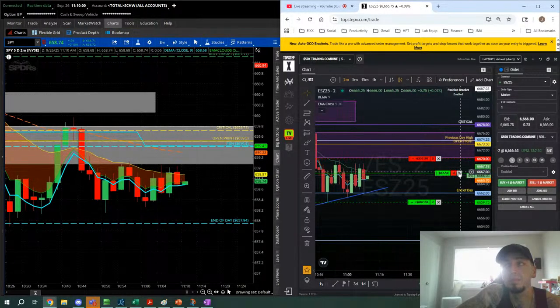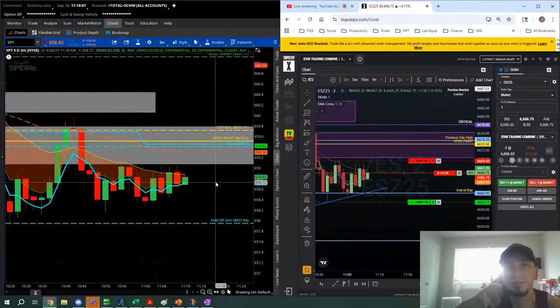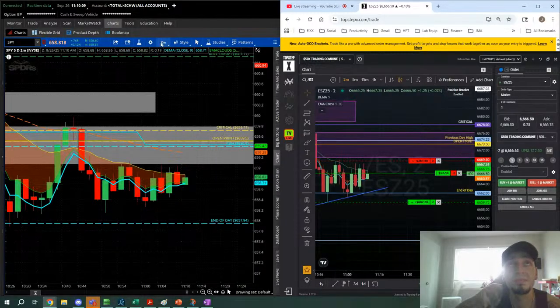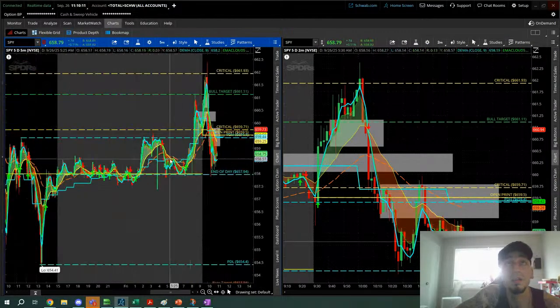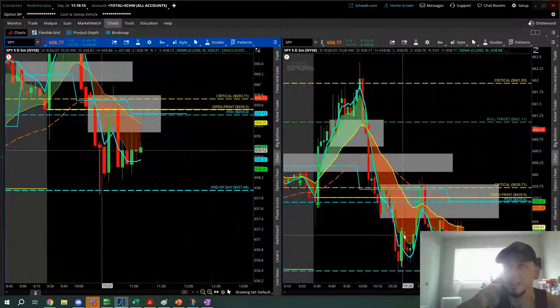Come on. E7. All right. Stop goes right above that candle. It's a 5-minute. Yeah, this needs to pull down here.